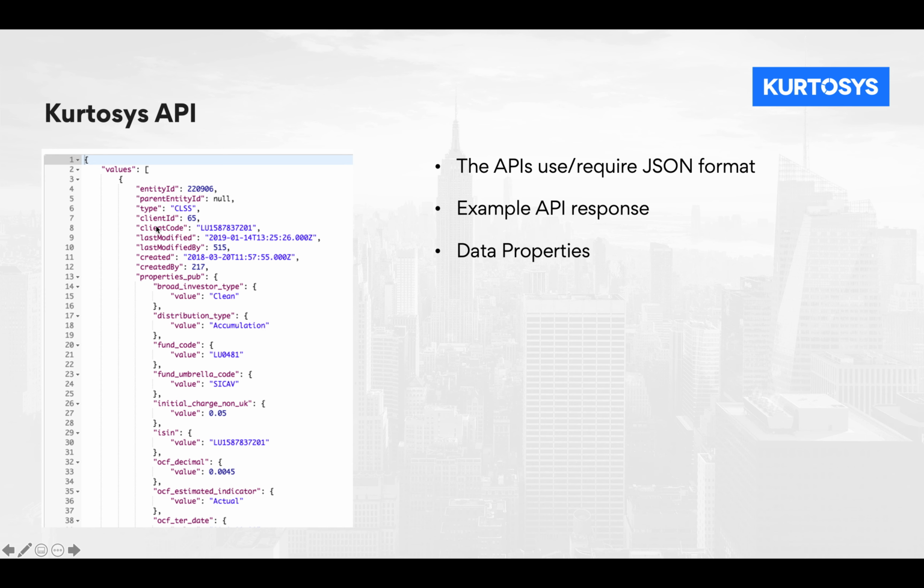And then here under the properties, it will tell you, okay, cool: data dictionary property called broad investor type, another data dictionary property called distribution type, fund code, fund umbrella code. So our API requires the data to be in this specific format. And if it's not provided in this specific format, we then need to make sure that we build the necessary loaders to transform the data that the customer sends to be in this particular format.